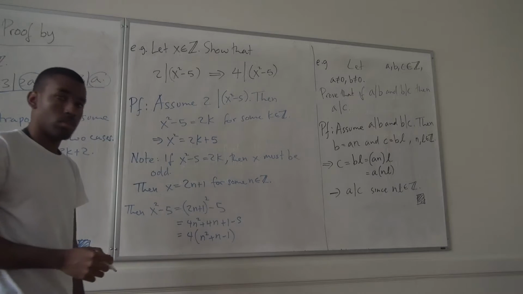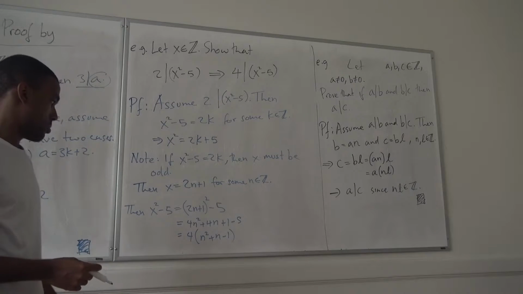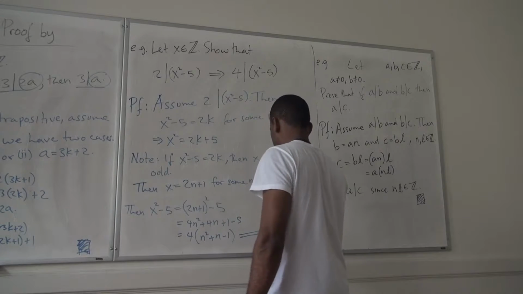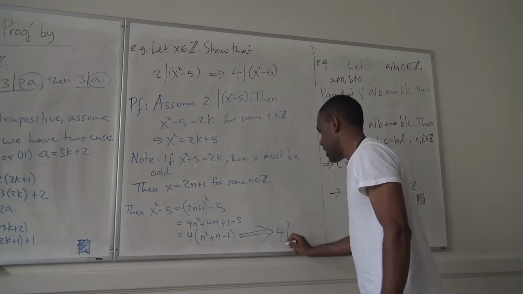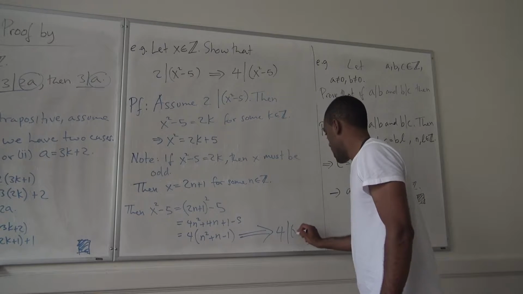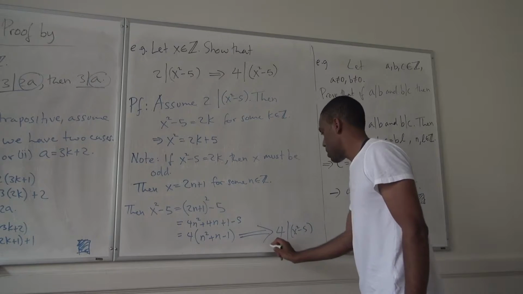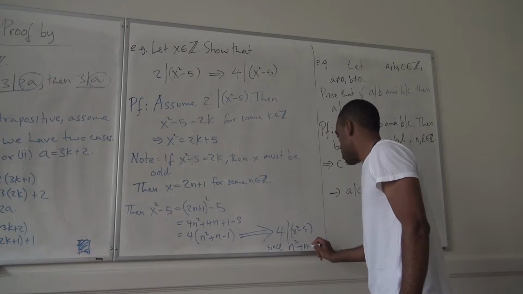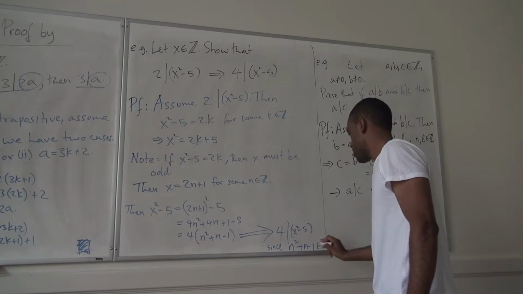And if we have 4 times an integer, that means it's divisible. This means that 4 divides x squared minus 5, since n squared plus n minus 1 is an integer.